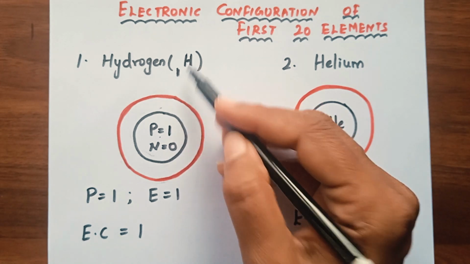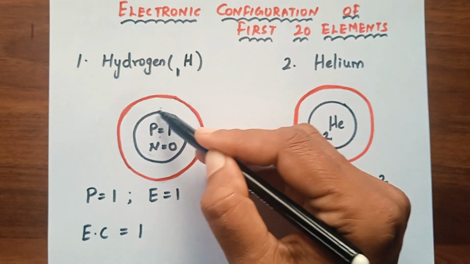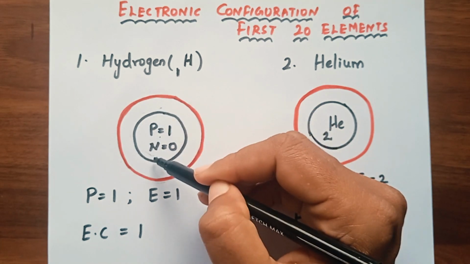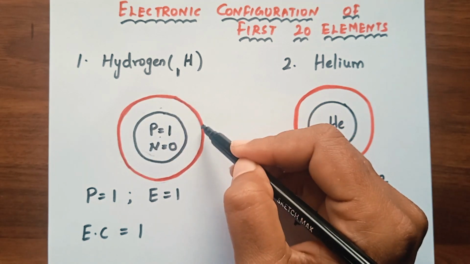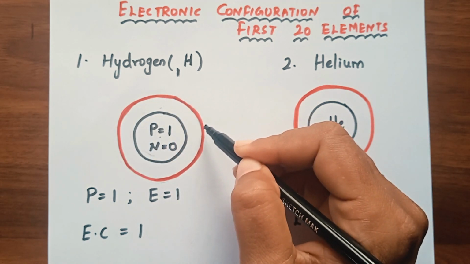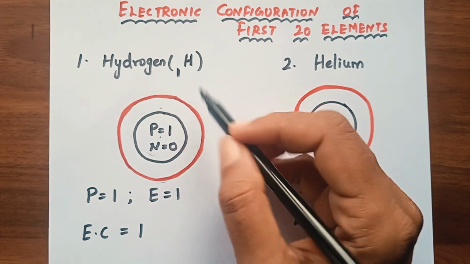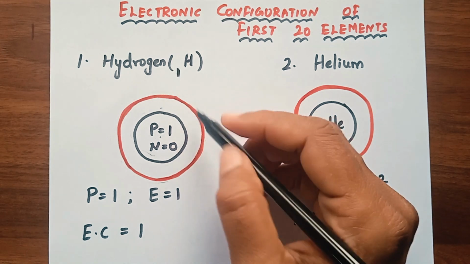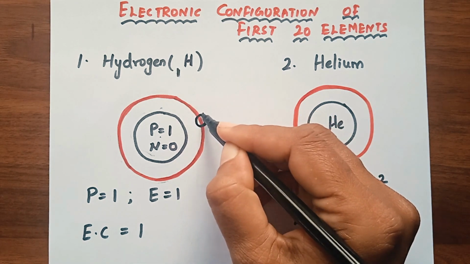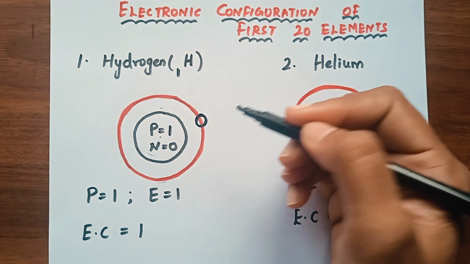This is the nucleus, the black thing, so we should not draw anything here. The red one is the first orbit, the K shell. We first drop the electron in the K shell. Since only one electron is there, I am drawing only one electron here.